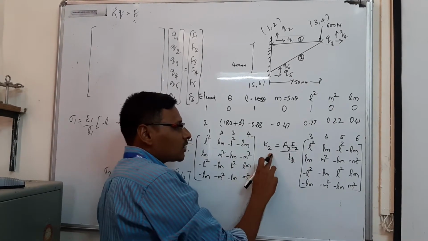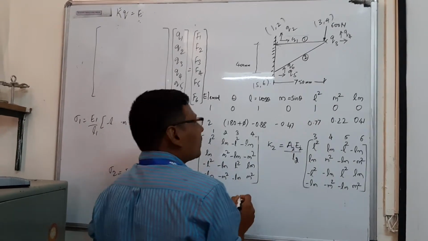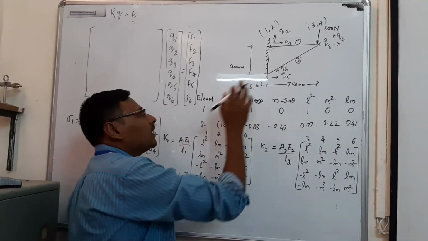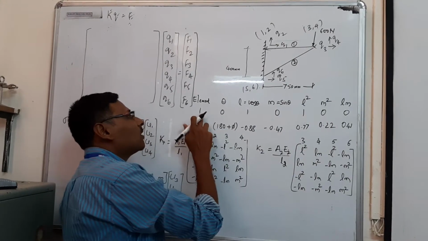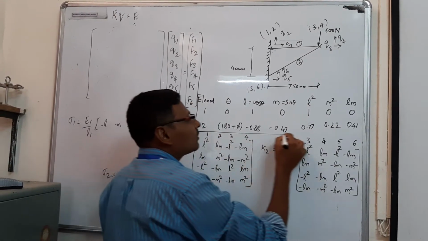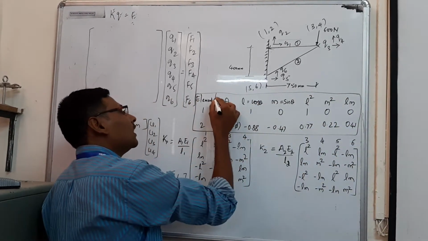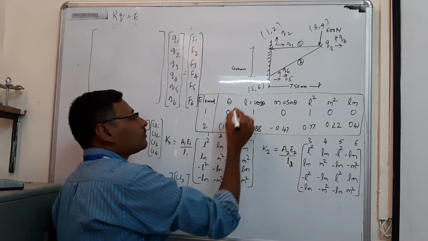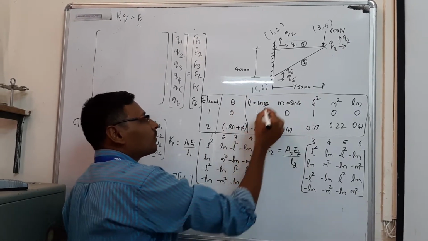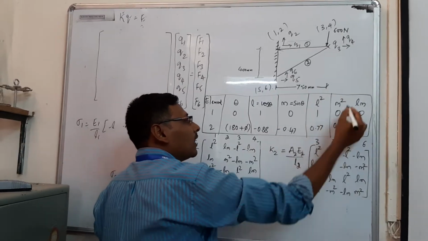Now the question arises how to calculate l and m. In the case of the truss element, we calculate l and m with respect to each element, which I had created by using this box. You can refer to the box now. With respect to each element, we get an l and m.